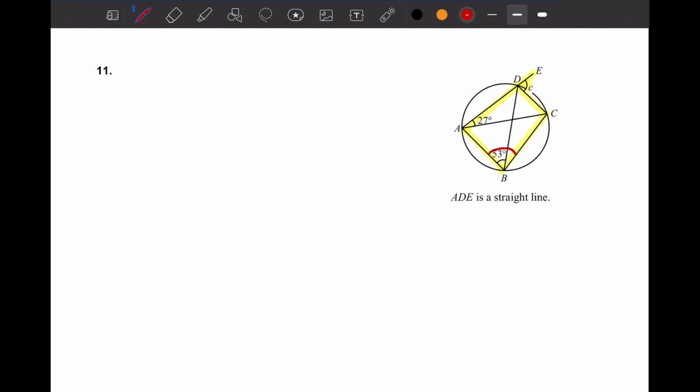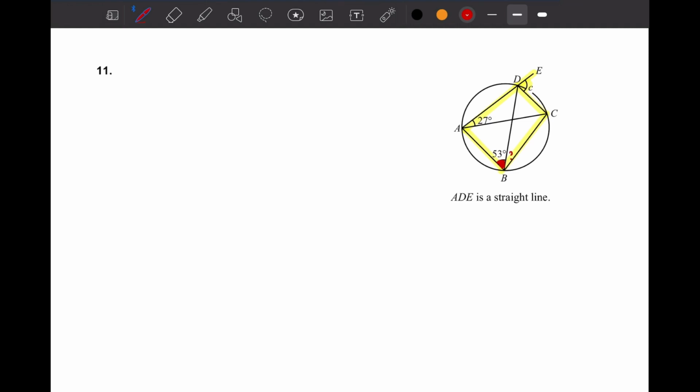But you don't have this ABC here. So how do you find the angle ABC? You've got part of it already. You've got this angle ABD, but what is your angle DBC? So that you can add them together to create your angle ABC.